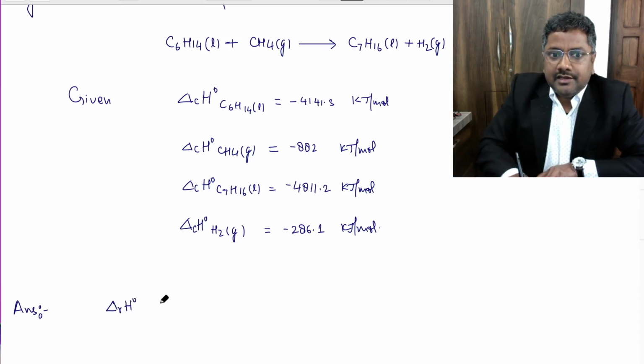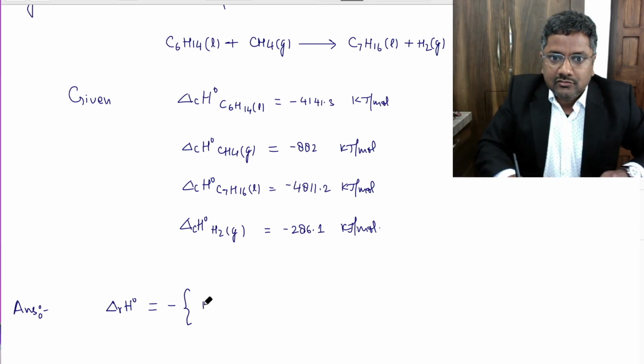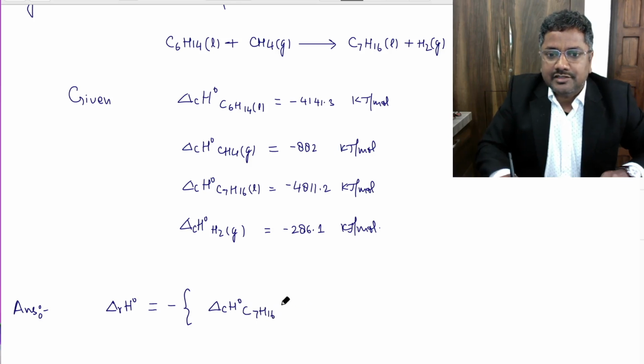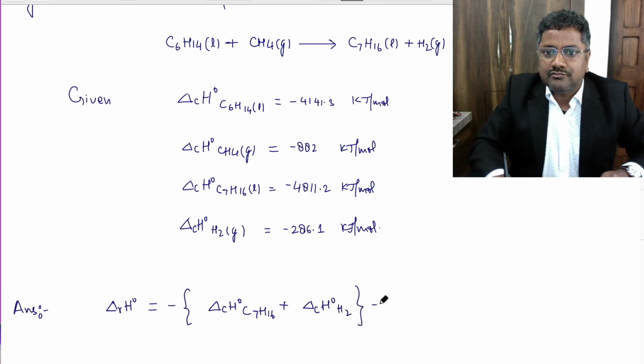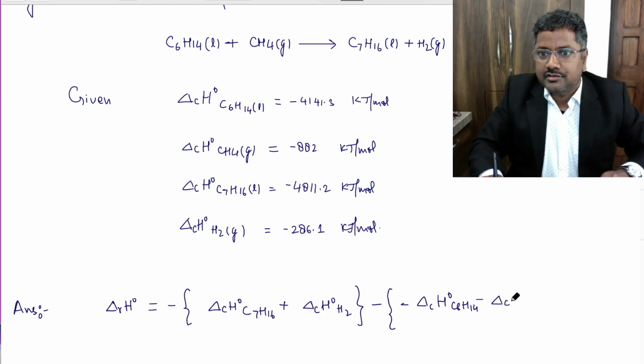Delta H of this reaction is equal to minus, 1 mole into delta H naught combustion of C7H16, and the coefficient is positive, and plus delta H naught combustion for hydrogen, right, bracket close, minus delta H of combustion of C6H14, and minus delta H naught combustion for CH4, right?